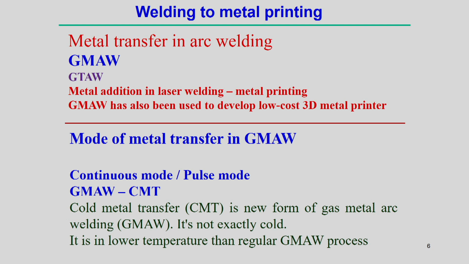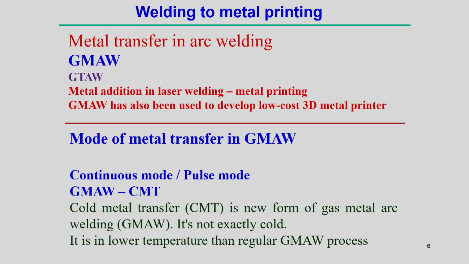Now, if we change the path of this electrode depending upon the particular product for the development of a particular layer, and if we move that heat source along with the material deposition along a predefined path, then it is possible to develop a particular metallic layer, which is the principle of additive manufacturing technologies.